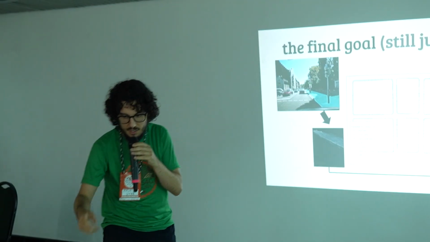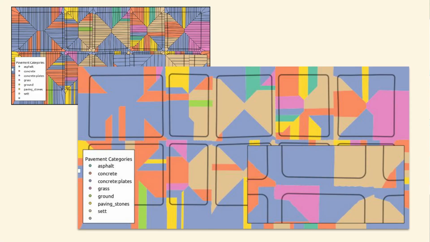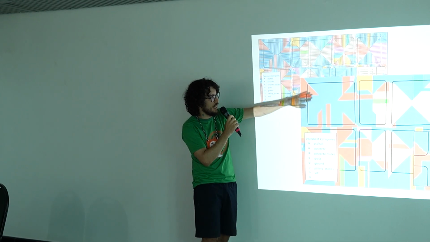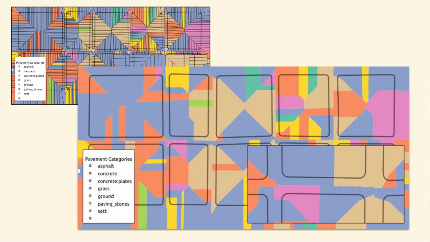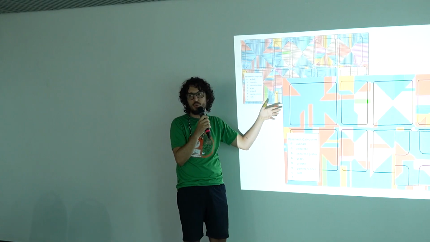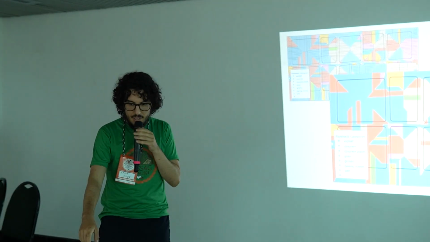In the end, you can just do Voronoization: transform the points into Voronoi polygons, then dissolve, and then conflate the information about sidewalks and pavement types with existing sidewalk or road data.